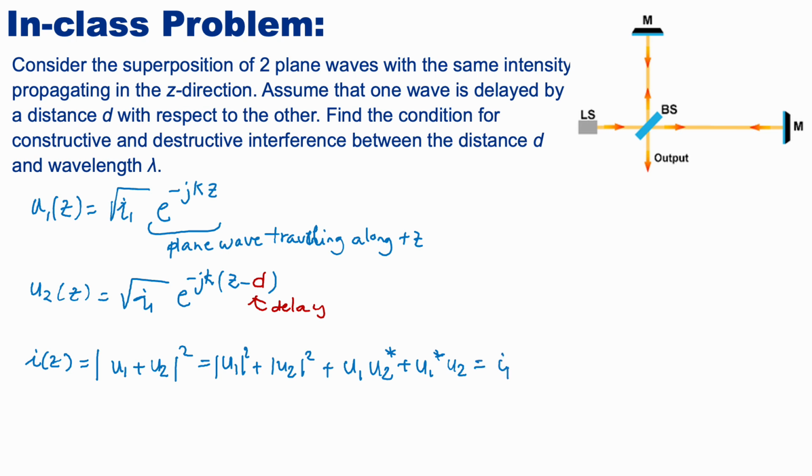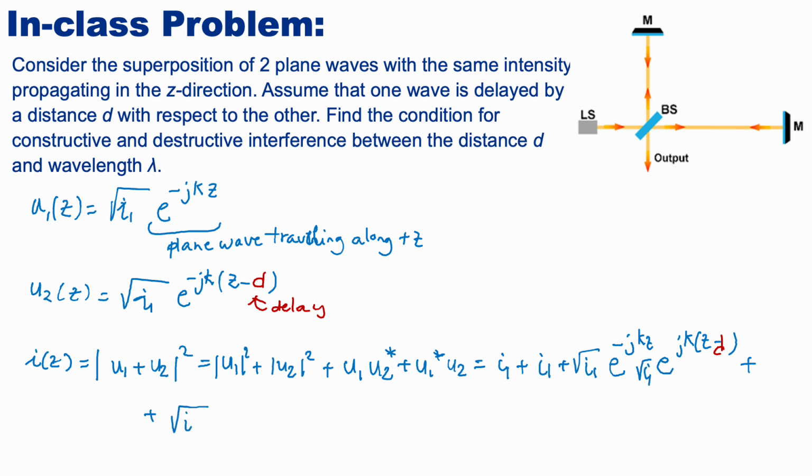The first ones are just our intensities, which are the same, and then the other terms are the square root of the intensity, and they say here minus jkc, and then we have jk, we need the complex conjugate, and then c minus d, and now we have the other term, a square root of the intensity.